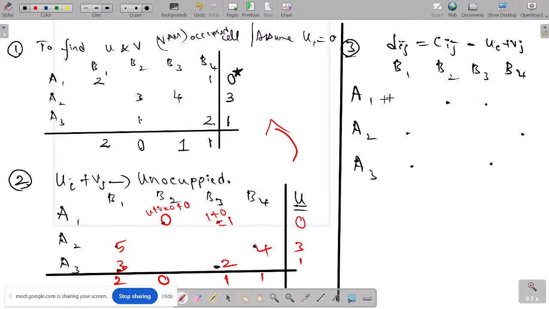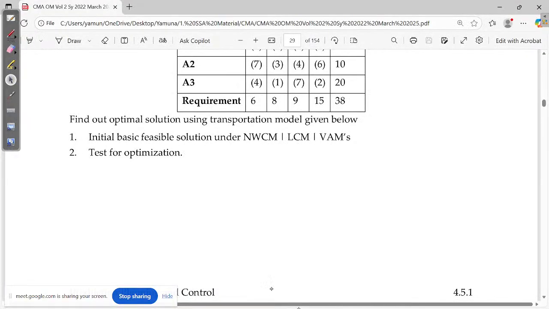Let us go for A1 to B2. You have to compute Cij minus Ui plus Vj. Ui plus Vj you have found from table 2, what we did earlier. Cij you take from the question. So you go to the question table and get the value for A1 to B2. What is A1 to B2?